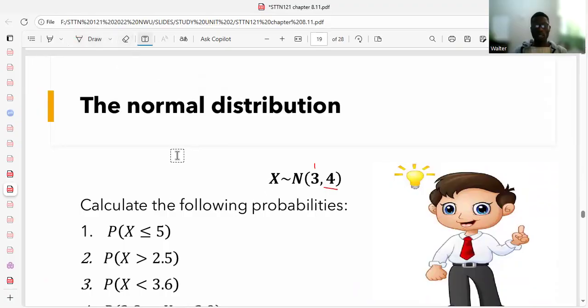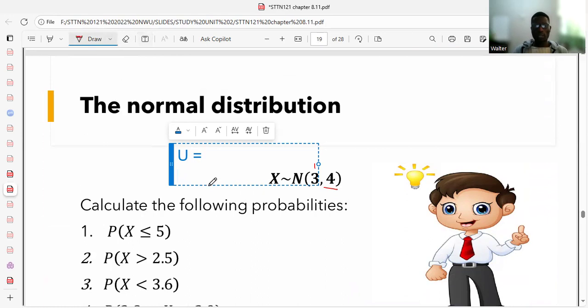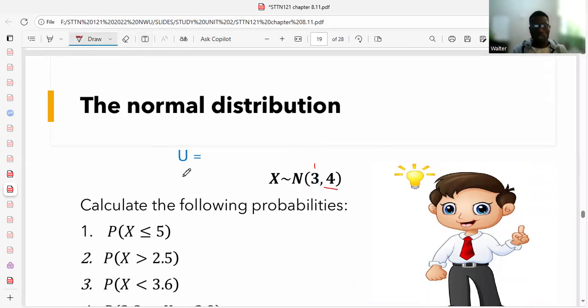Let's do it together. Population mean is equal to 3, and then the variance is equal to 4. But for us to get the standard deviation, you're going to do a square root of 4, which will give you 2.